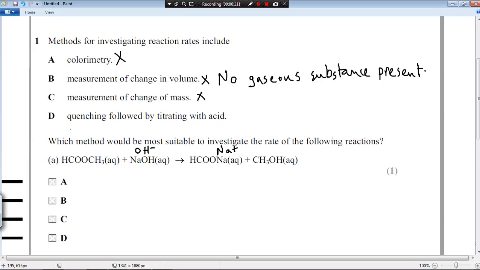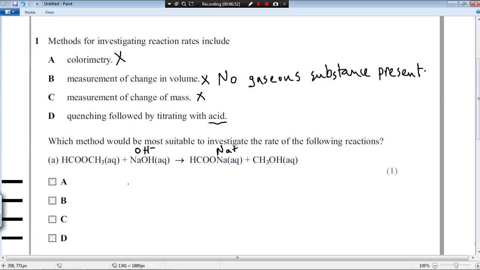So let's look at D, quenching followed by titrating with acid. So we can quench the solution and titrate with acid. Well, let's see whether this option suits this or not.